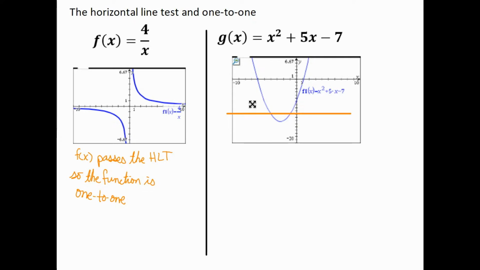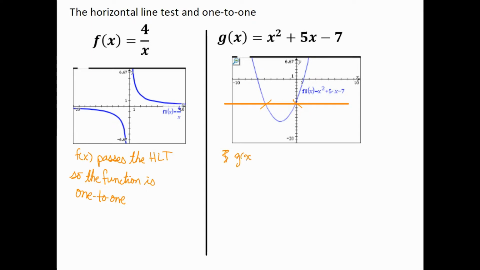There it is. So notice here for the horizontal line test, I am touching the graph more than once. At any point that I can put this graph in, I'm going to touch it twice at several points. So the function is not 1-to-1. So actually we don't have f of x.